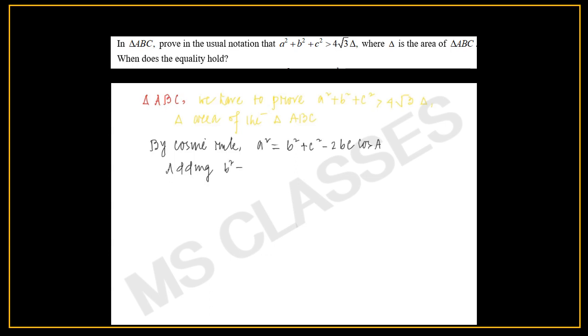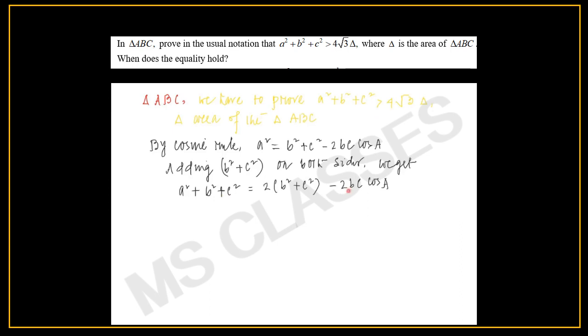And we get a square plus b square plus c square equal to 2 times b square plus c square minus twice bc cos A. So we have got one part of the required proof, that is we need here a square plus b square plus c square. We have got that.